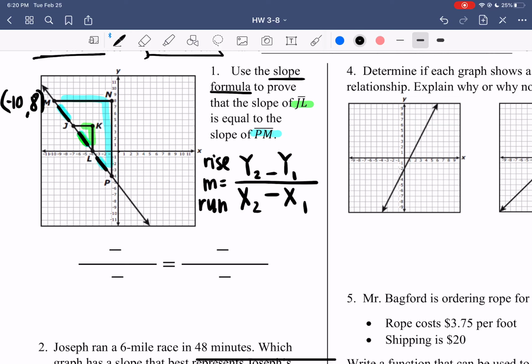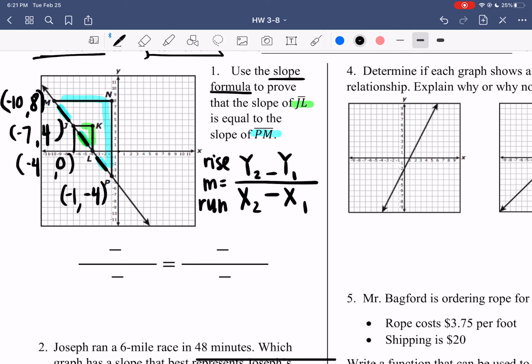So M is (-10, 8). And then doing the same thing for J, it looks like we're at -8 for our x and positive for our y. Oh, sorry, not -8, -7, +4. For L, we have (-4, 0), and for P, we have (-1, -4).